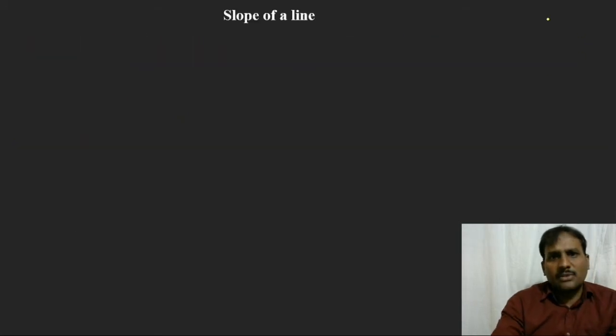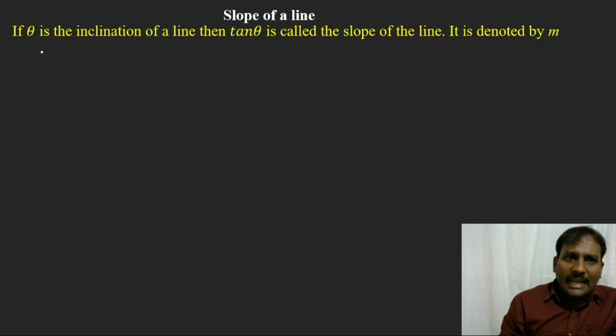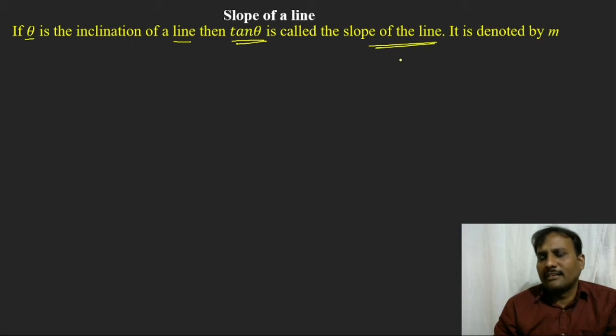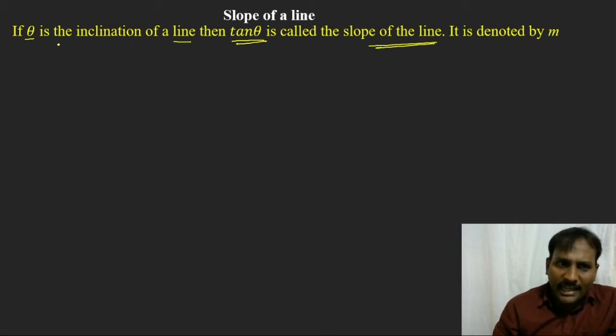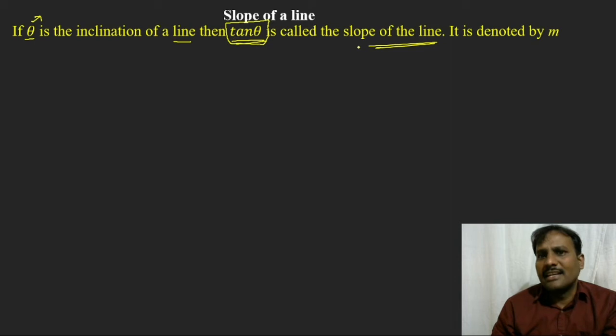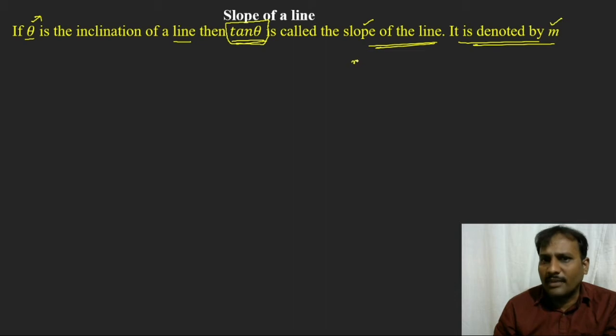So suppose if theta is the inclination of a line, then tan theta is called the slope of the line. It is very simple. If a line is making an angle theta with positive x-axis, then tan of that angle, tan theta, is called the slope of the given line, and it is denoted by m. So the slope of a line is denoted by small m.